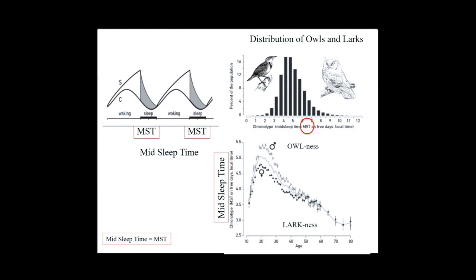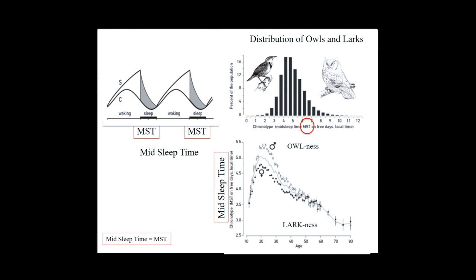So there's a distribution of sleep. There's owls and there's larks. You can shift your ability to prefer your sleep time and prefer your activity. And when you do that, this is a distribution of owlness and larkness.